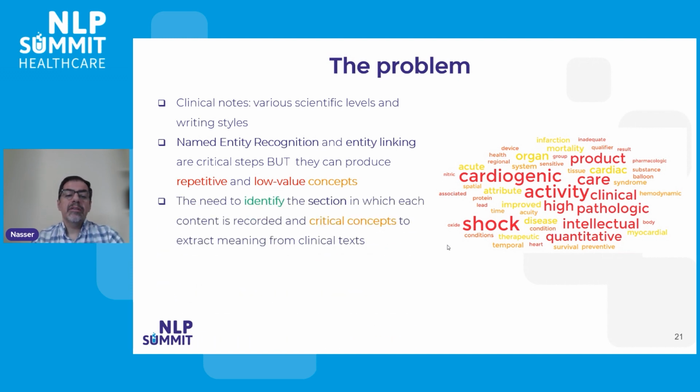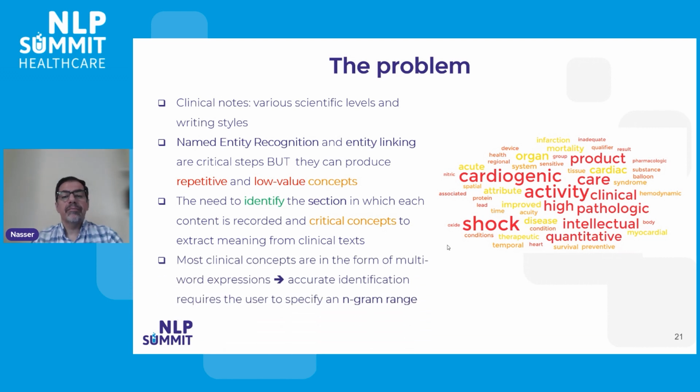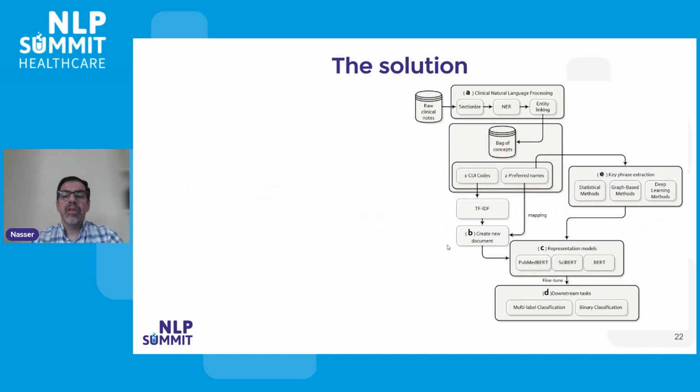So we need a method to identify which sections and which concepts are more important than others for the problem at hand. And in the existing methods, most clinical concepts are multi-word expressions, so the detection and definition of the n-gram range by the user is a challenge here.